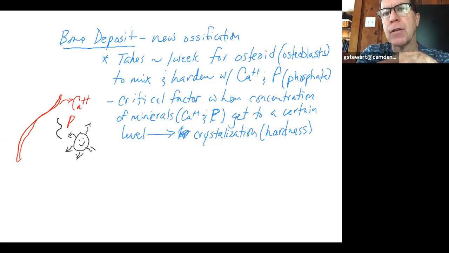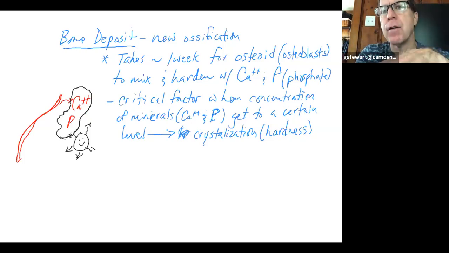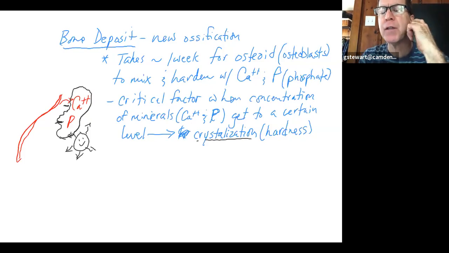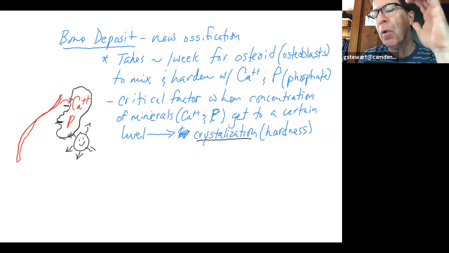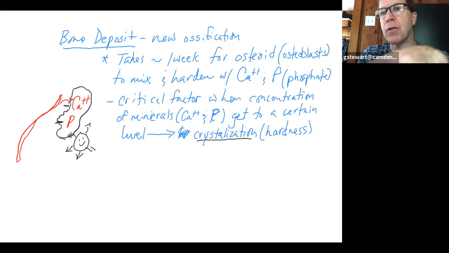That organic sort of goo matrix mixes with these minerals and causes the tissue to harden. And it's when these minerals, calcium and phosphate, reach a certain level of concentration that we get this crystallization or hardness in the bone tissue. So that's bone deposit.